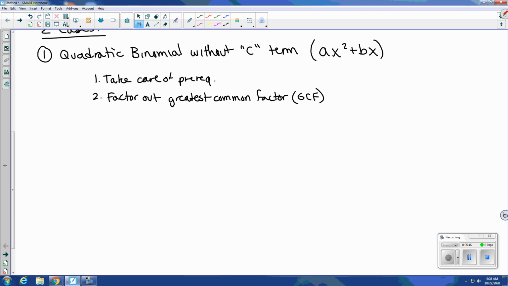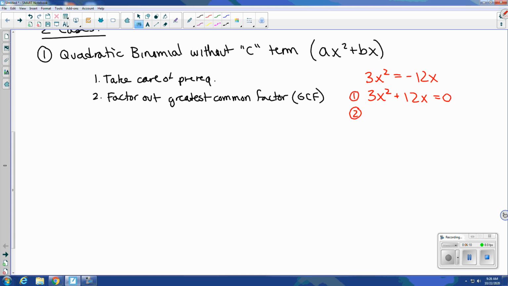I'm going to do a side-by-side example. Let's say we had 3x squared equals negative 12x. The first thing I would want to do is take care of the prerequisites. So my step one would be set the equation equal to 0 and make sure the exponents are in descending order. So to fulfill step one, I add 12x to both sides. There you go. That takes care of step one.